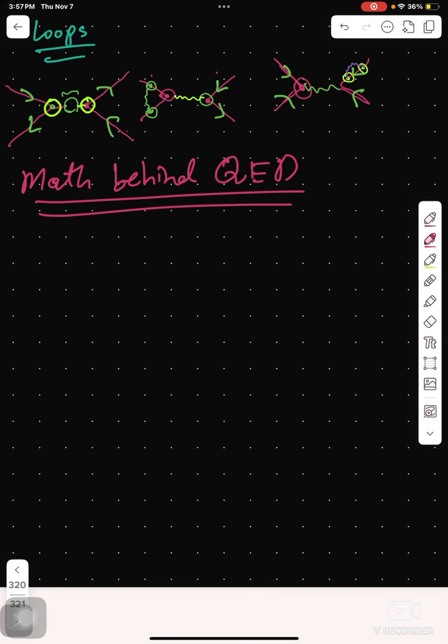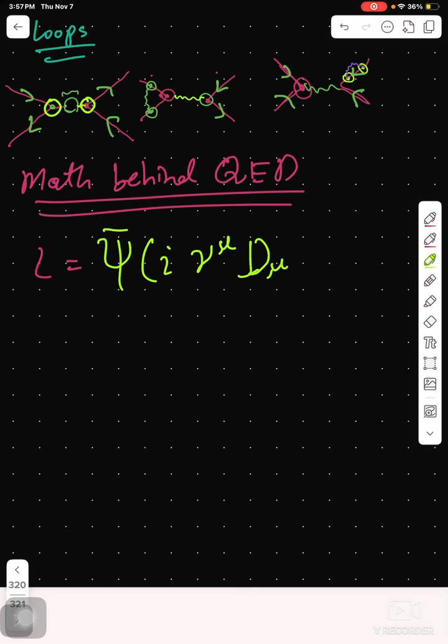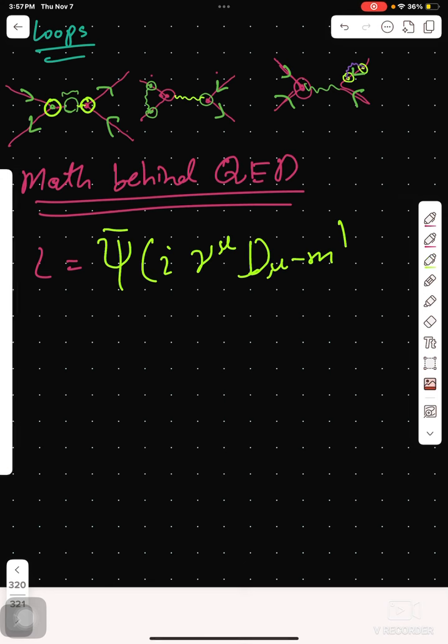When we talk about the math behind QED, there is something known as the QED Lagrangian, and it's written as L equals psi-bar, I gamma mu D mu minus m.